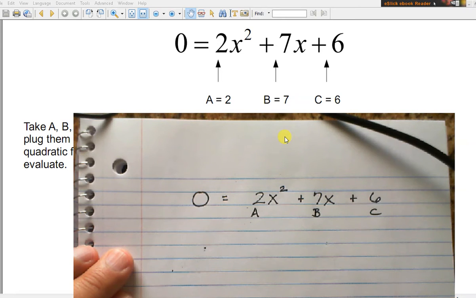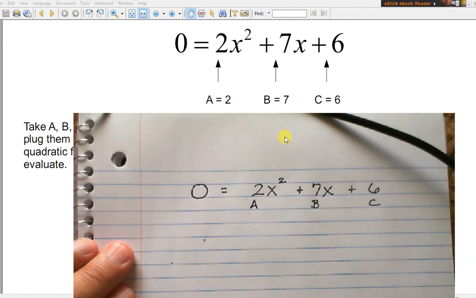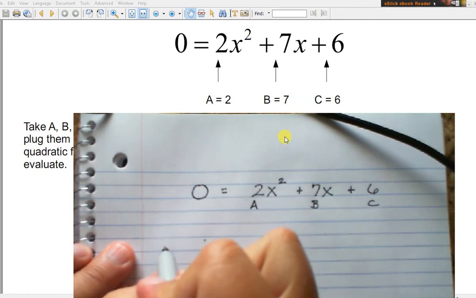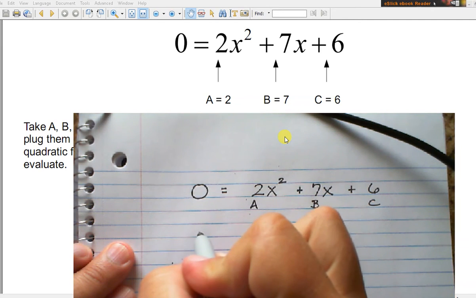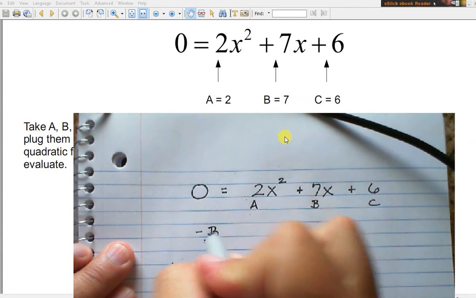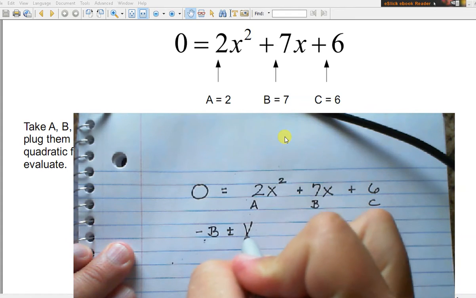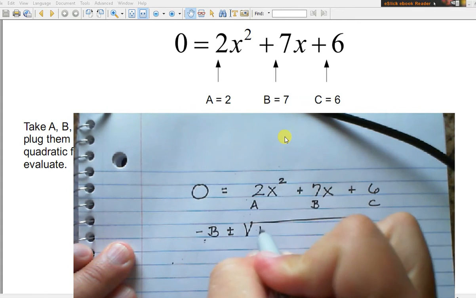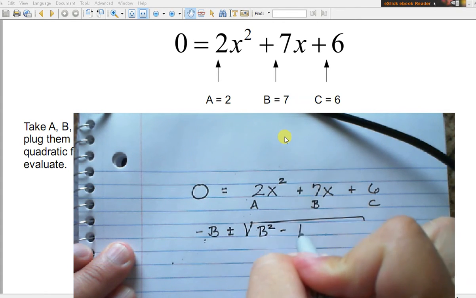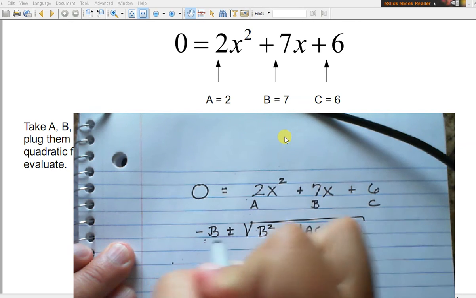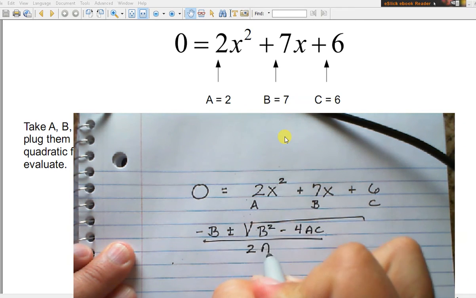And we're going to plug all of this into the quadratic formula. So I'm going to write it down. Negative B plus or minus the square root b squared minus 4ac all over 2a.